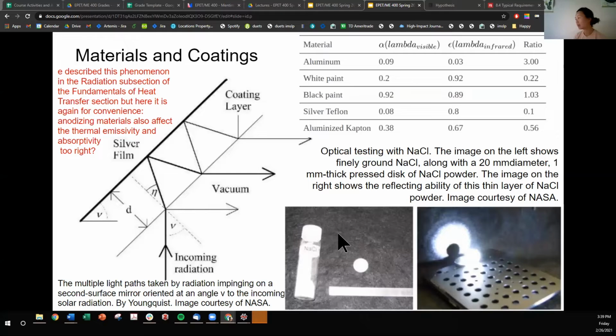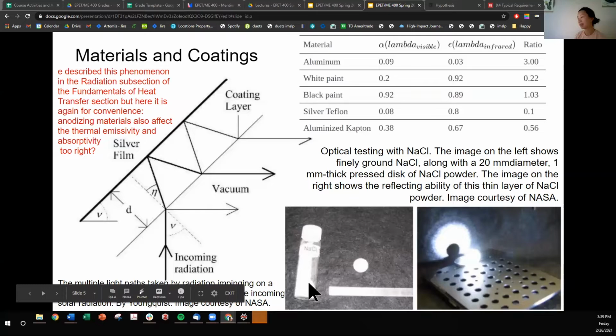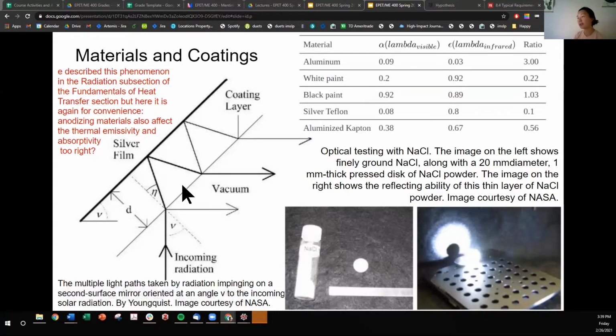You can see this manifested in a technology that Youngquist developed at Kennedy Space Center. Here he's taken salt. You can take table salt, grind it to a very, very fine diameter, and then press it into a powder. By doing so, he's proven that by coating your spacecraft with this very fine packed salt, you can get a surface coating that brings the spacecraft in low Earth orbit to cryogenic temperatures.